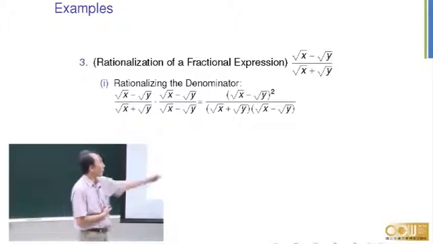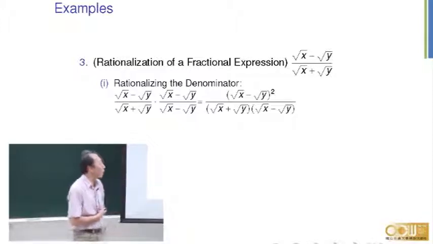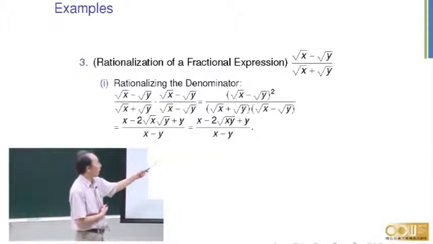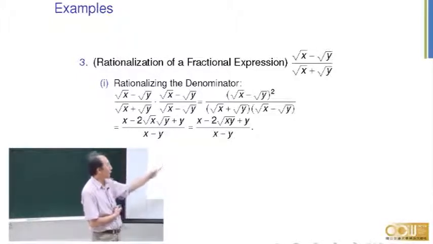And now for downstairs, I can use the difference of two squares to expand that. And upstairs, I use the square of difference formula. And it is this. And it is this, and I can combine these two terms together.